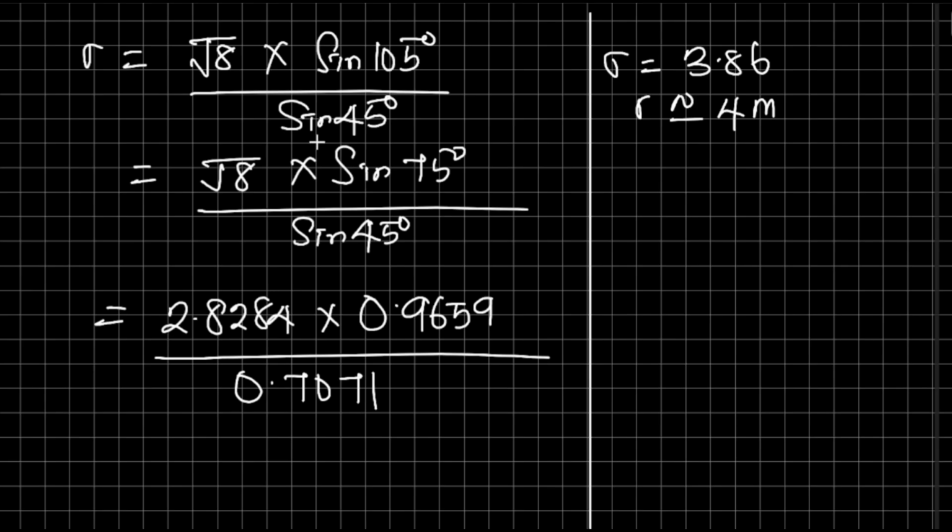Now that we've gotten the value of r, we can solve the problem, which is to find the area of the triangle. We have r now, and we have this side to be root 8.